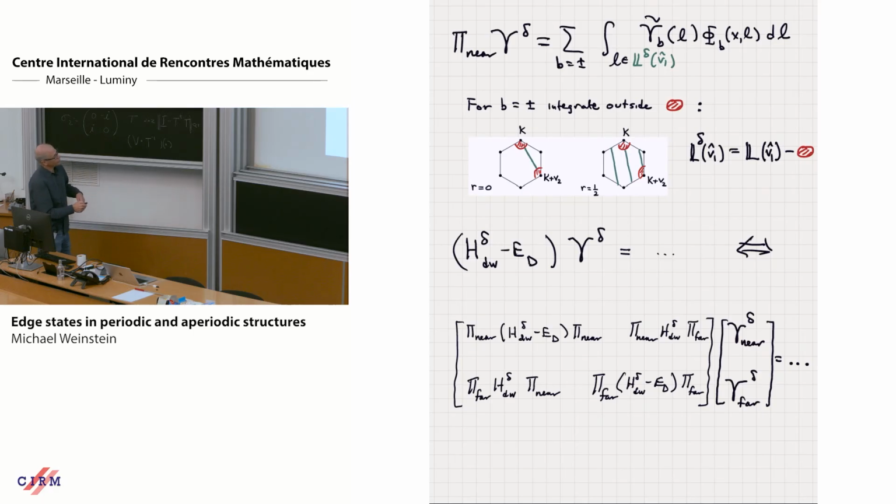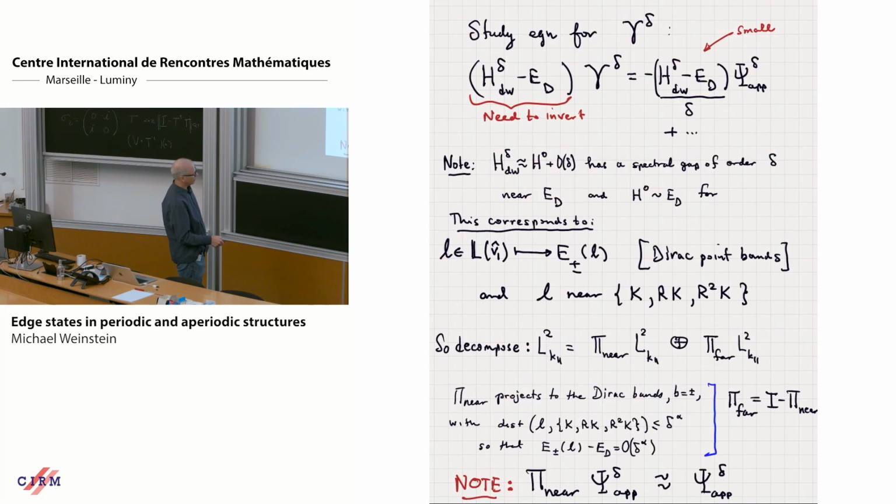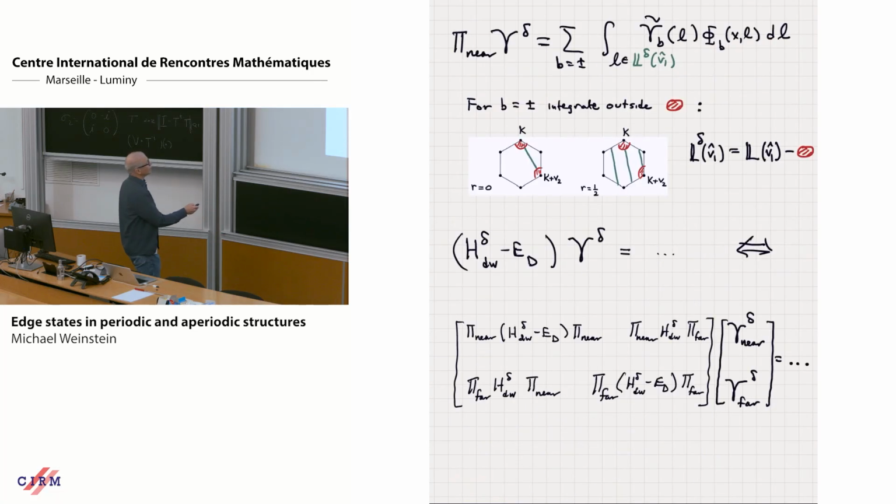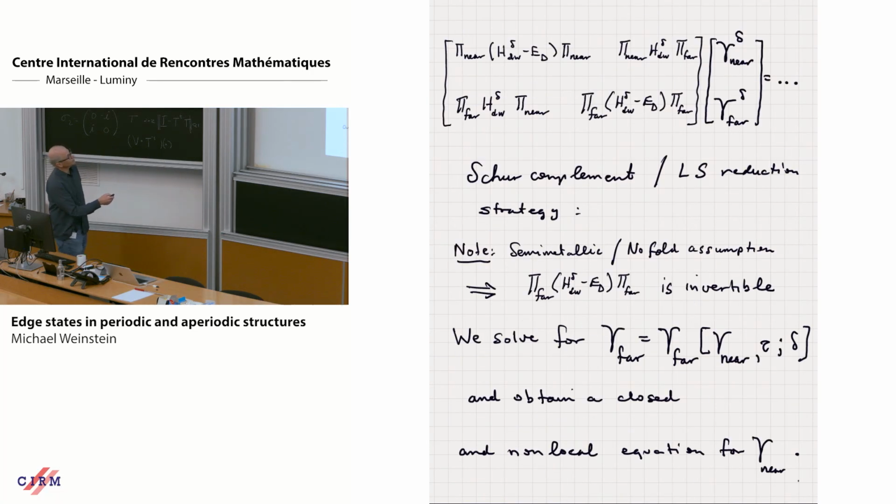Okay. And so you could write this eigenvalue problem now as a matrix problem in terms of projections. You could write it as a problem in this direct sum Hilbert space. Running out of time. And well, the point is that with this decomposition, the far part is invertible.